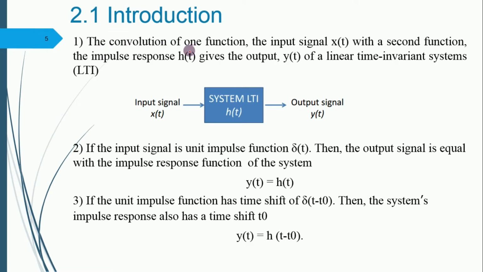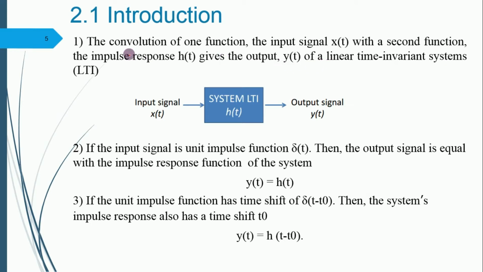So to proceed with the introduction of convolution: the convolution of one function, the input signal x of t, with a second function, the impulse response h of t, gives the output y of t of a linear time invariant system. Very simple. Let me make this statement simple.